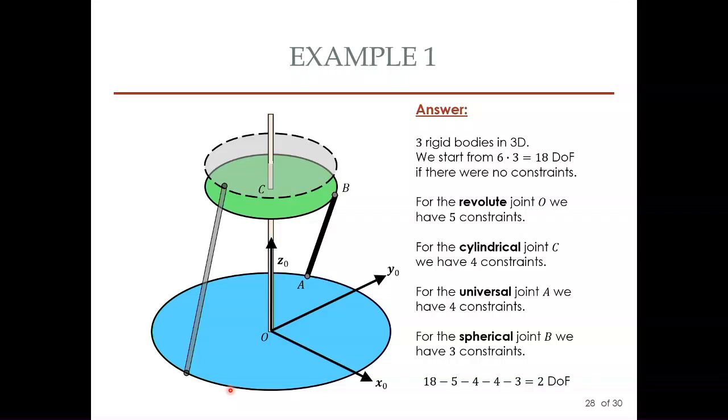Now what you can do is find the 2 equations of motion, and you will need to use eventually 2 parameters, let's say alpha and beta. You can choose these parameters in infinitely many ways. One example is theta 1, the rotation of the blue disk, and theta 2, the rotation of the green disk.